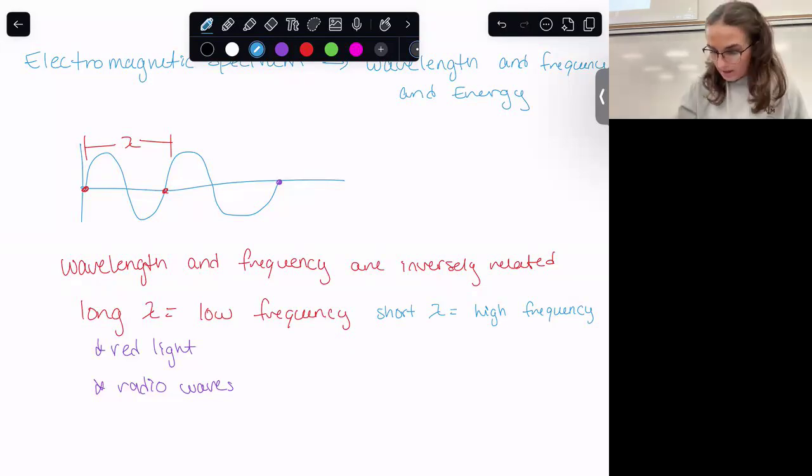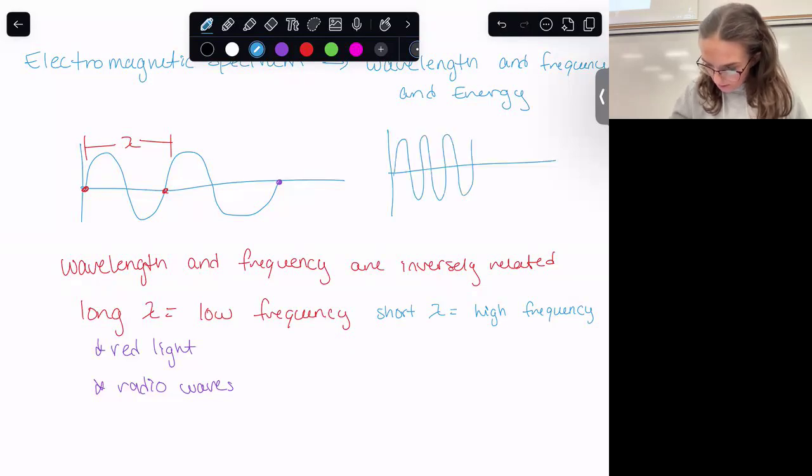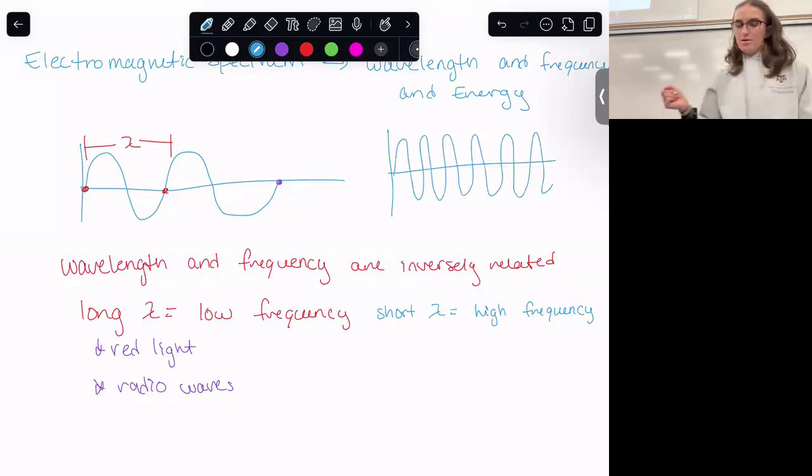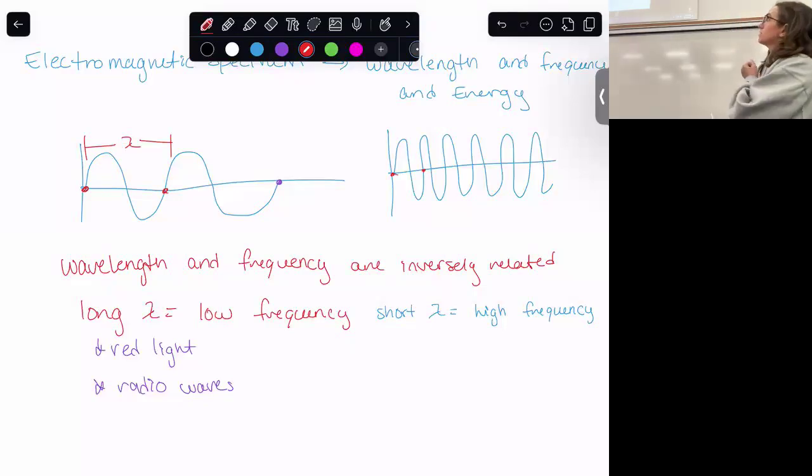Something with a much shorter wavelength has, in the same length of line, much more frequent occurrences of that wavelength. So that's what the inverse of long and short wavelengths means.